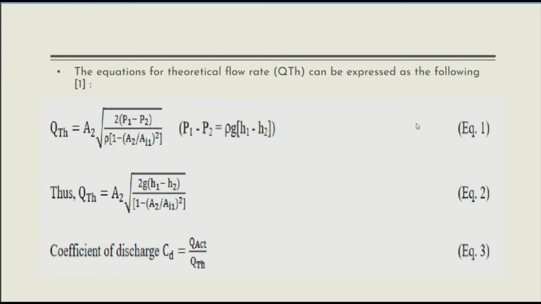QTH equals A2 over the square root of (1 minus (A2 over A1) squared), times the square root of (2 times the pressure difference over density), where P1 minus P2 is actually equal to density times gravity times the height difference.